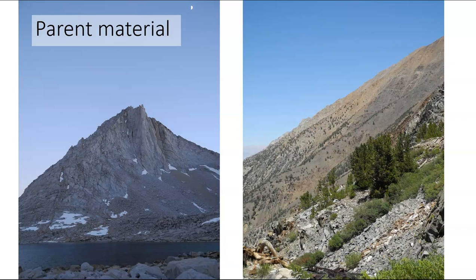The parent material here influences the amounts of inorganic nutrients as well as potentially toxins. So you may be familiar with serpentine soils and how those are difficult places to grow, and that's in part because of their inorganic concentrations, especially of heavy metals.